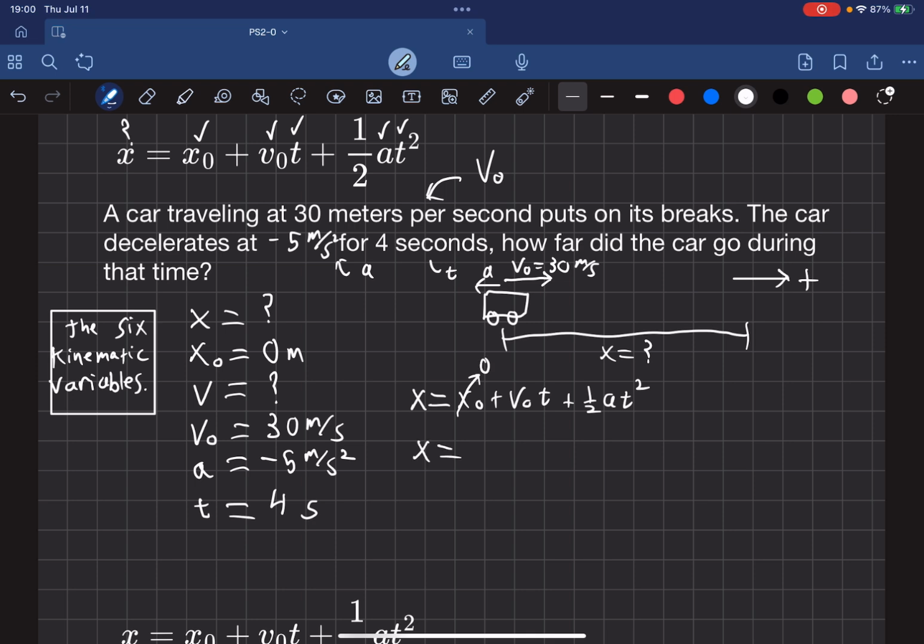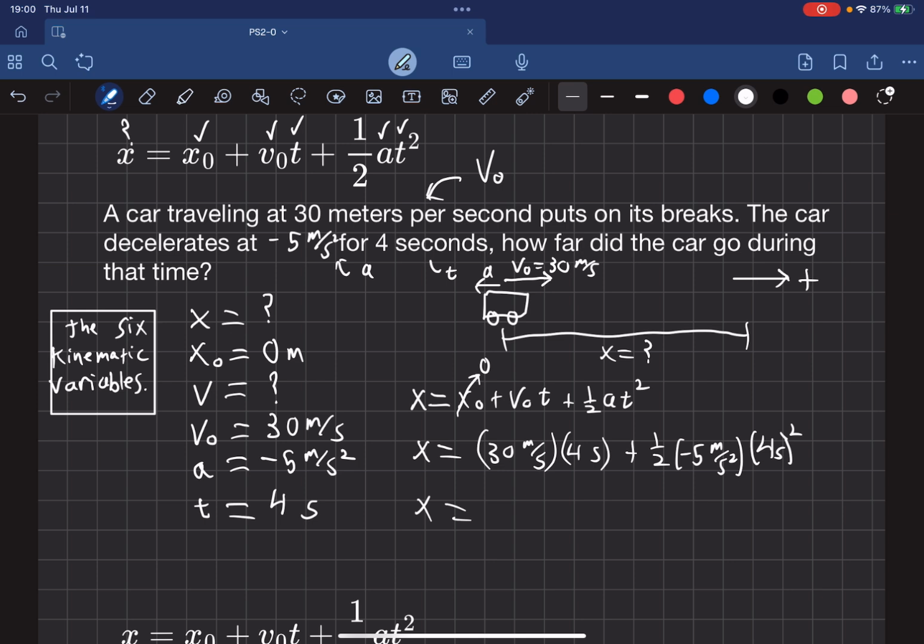So we get x is equal to our initial velocity, which is 30 meters per second, times our time, which is 4 seconds, plus 1/2 the acceleration, which is -5 meters per second squared. Don't forget that negative. And then our time squared, which is 4 seconds squared.